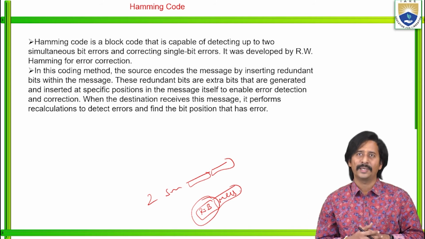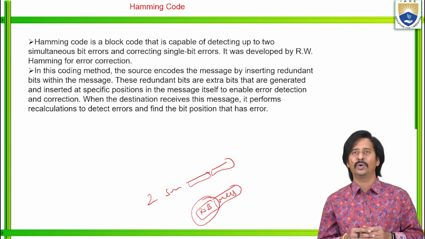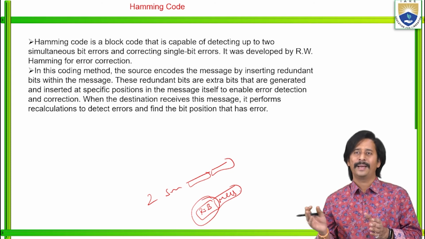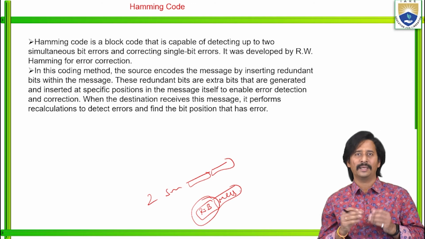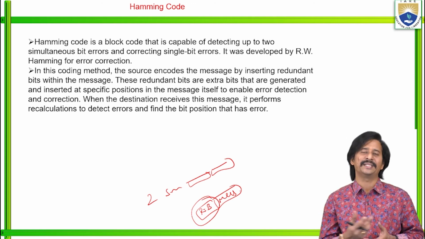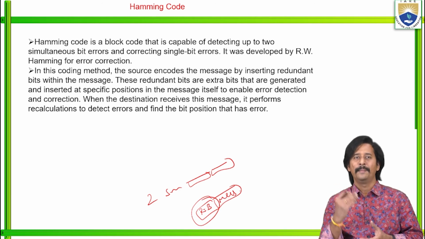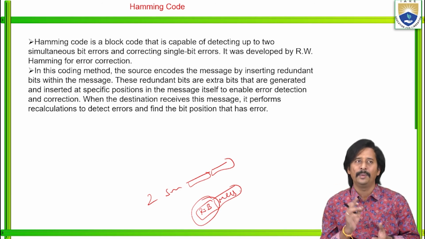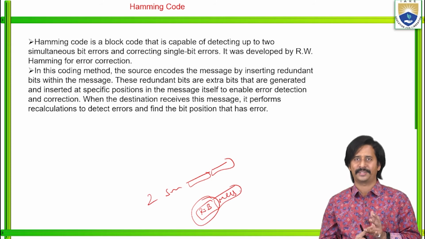The source node encodes the message by inserting redundant bits within it, to enable both error detection and error correction.